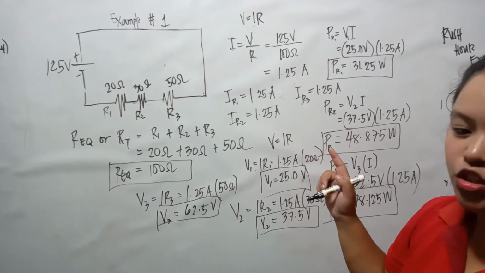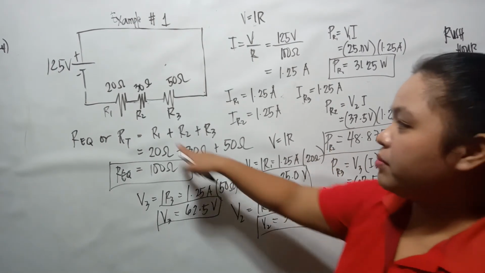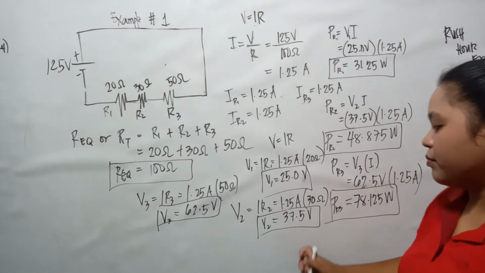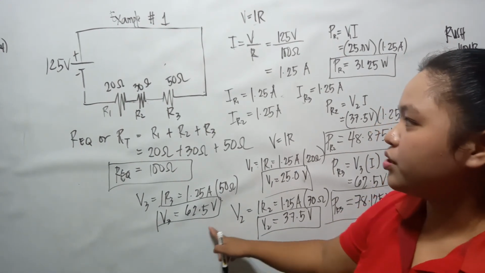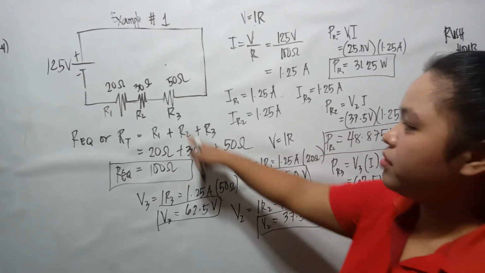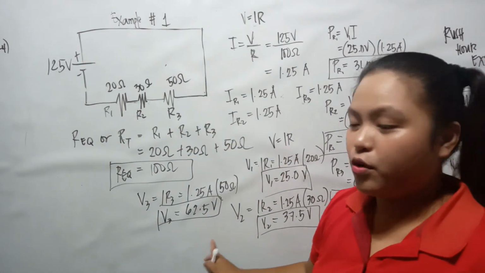For the voltage drop in R2, we have 1.25 amperes multiplied by the resistance of 30 ohms, so we have 37.5 volts. And for the voltage drop in resistor 3, we have the current of 1.25 amperes multiplied by the resistance of 50 ohms. So that would be 62.5 volts.